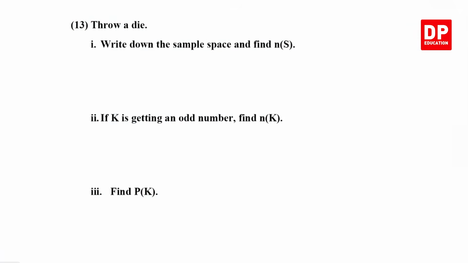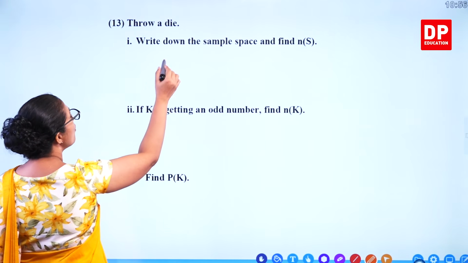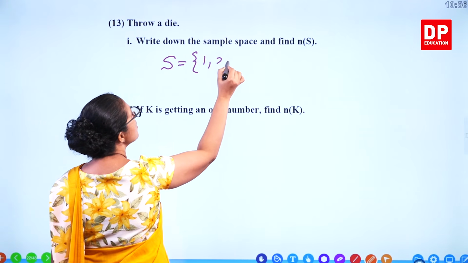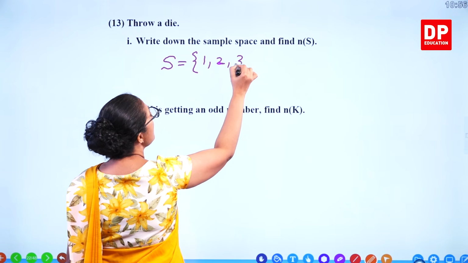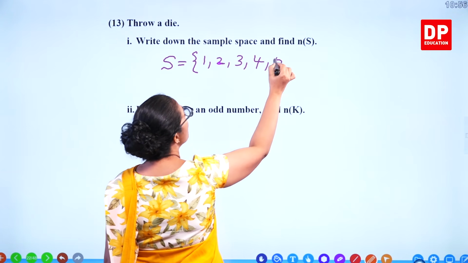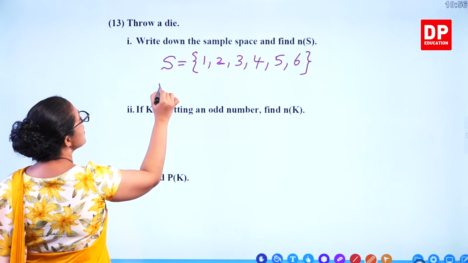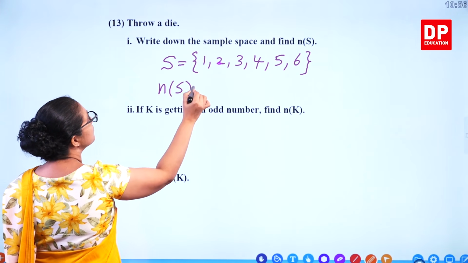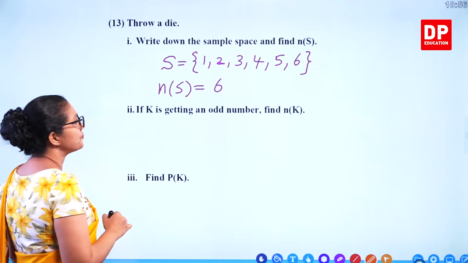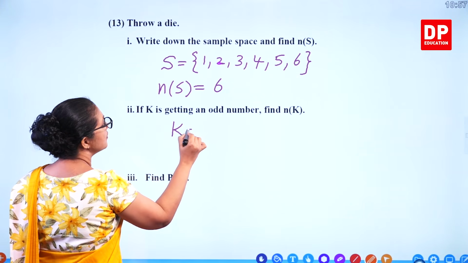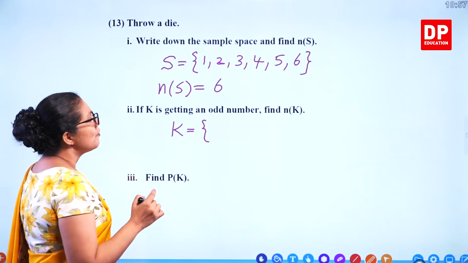Throw a die, write down the sample space and find NS. So when you throw a die, what are the numbers you can get? 1, 2, 3, 4, 5, 6. 6 numbers you can get. So what is NS? 6. If K is getting an odd number, find NK.